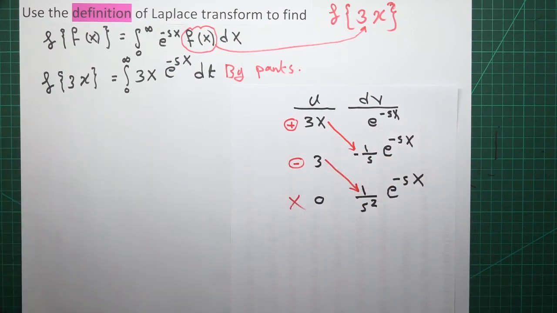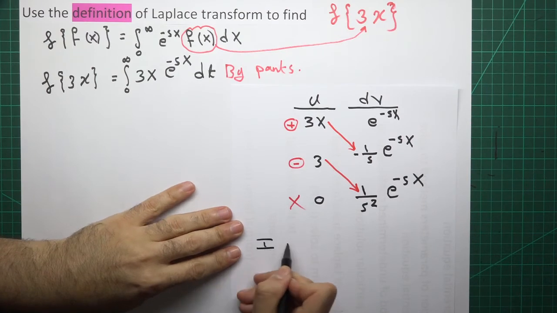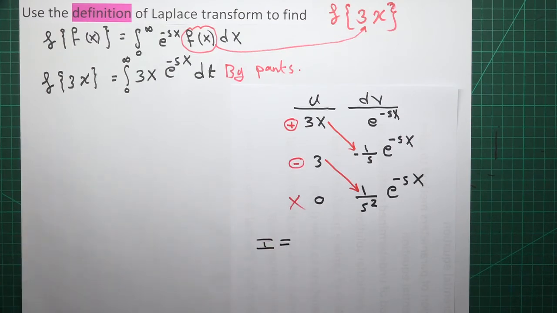So لو فرضنا ان هذا الانتجرال I، يا ريت واحنا نعمل multiplication نعمل like order.